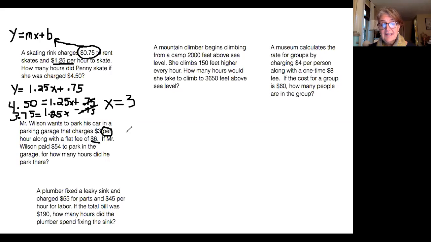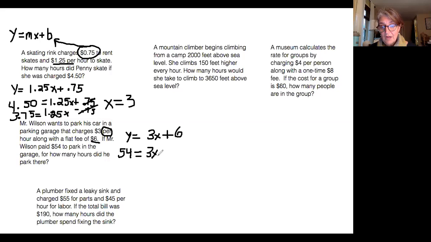So again, we're going to set up this equation. y is going to be equal to $3 per hour plus a one-time $6 flat fee. And we know that he paid $54, so now we're going to be able to figure out how many hours he actually parked there.